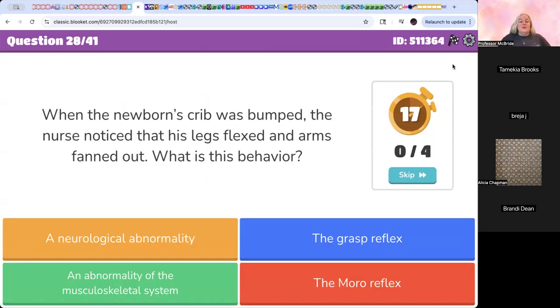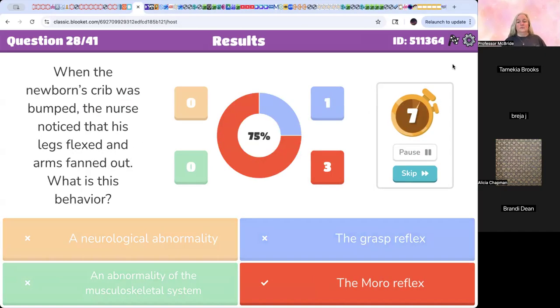When the newborn's crib was bumped, the nurse noticed that his legs flexed and his arms fanned out. What is this? Okay, so we talked about this one in relation to when we were assessing for clavicle fractures and brachial plexus injuries. This is the startle reflex or the Moro reflex. This is one of the reflexes we assess when we're doing our head to toe assessment.